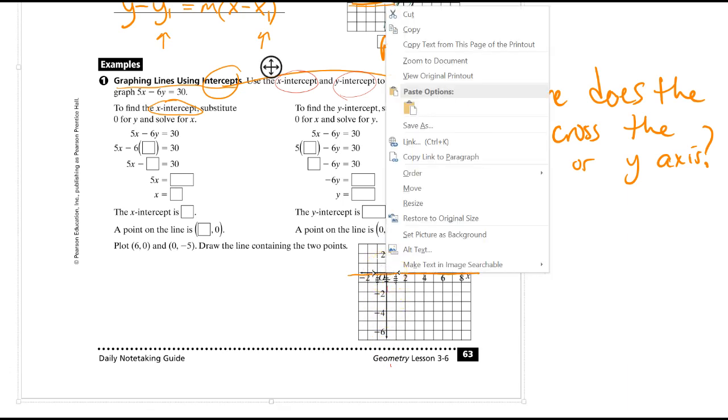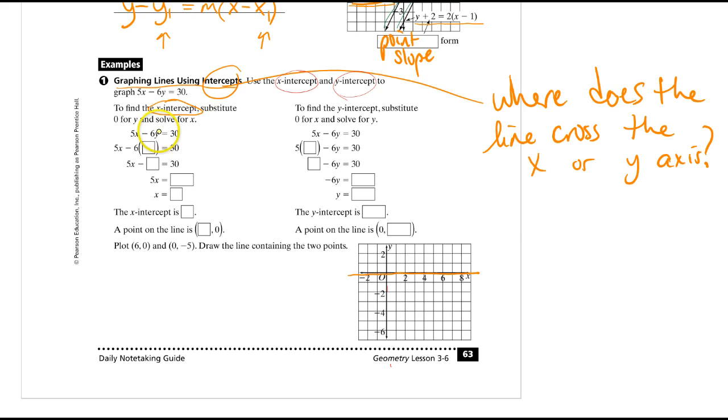So y equals 0 when I'm finding the x-intercept. So let me substitute in the 0. And so 6 times 0, that's 0. So that means 5x minus nothing equals 30. Okay, so 5x equals 30. Divide both sides by 5, and I get x equals 6.